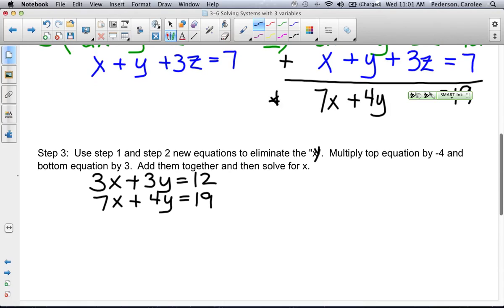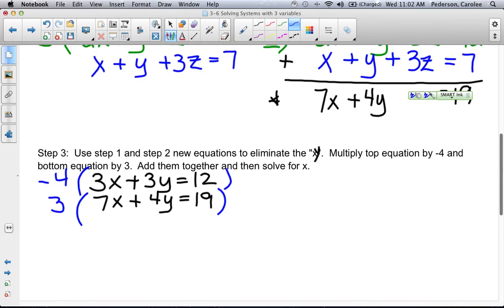We're going to multiply the top equation by -4 and the bottom equation by 3. And what they will become is a positive 12y and a negative 12y. So we'll multiply the top one by -4, and the bottom one by 3.